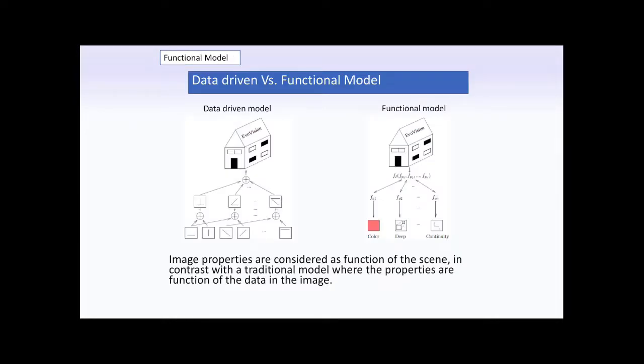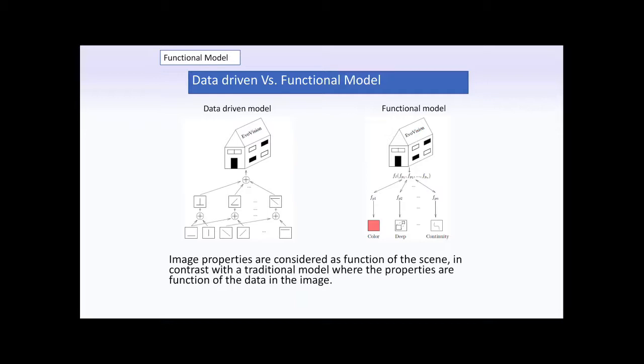In summary, we can say that the proposal that we are studying in the Evolution laboratory could be seen as two different aspects. Traditionally, people follow a data-driven model. This is very appealing because of the huge amount of data. However, we follow a theory that we call a functional model.